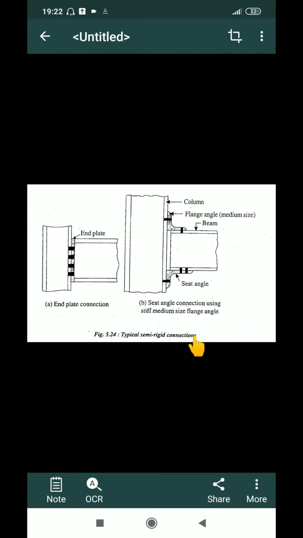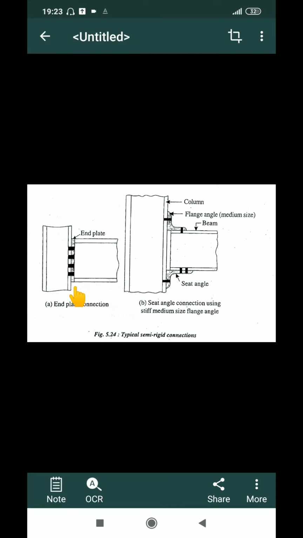Third type is a combination of first and second type, where there will be some rigidity as well as some flexibility in the connection. So here I am providing an end plate connection. End plate in the sense, beam section, which is an I section, will be provided with the end plate, which is a prefabricated type.